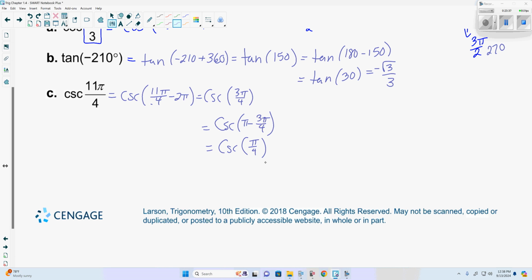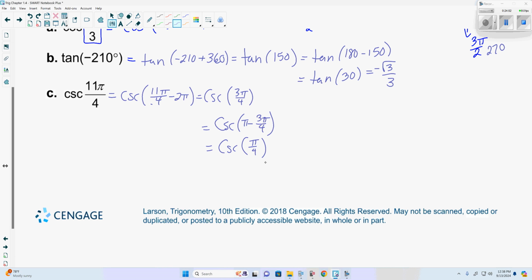Because really both of them have pi. Pi is going to be in our final answer, yes? So the number in front of pi is 1. How far away is 3/4 from 1? 1/4, right? Because we only need one more to go from 3 to 4. 4/4 is 1. So it's 1/4 or pi over 4.